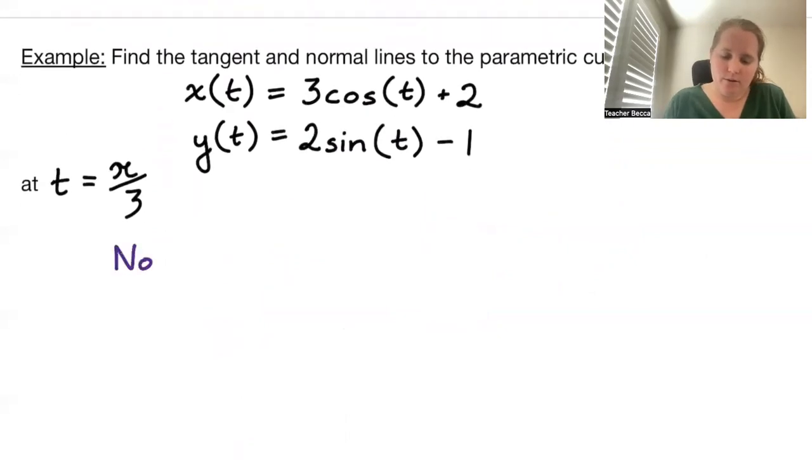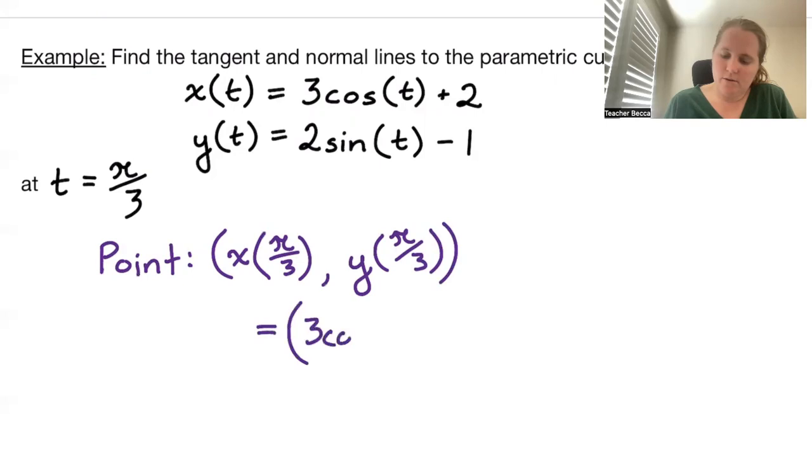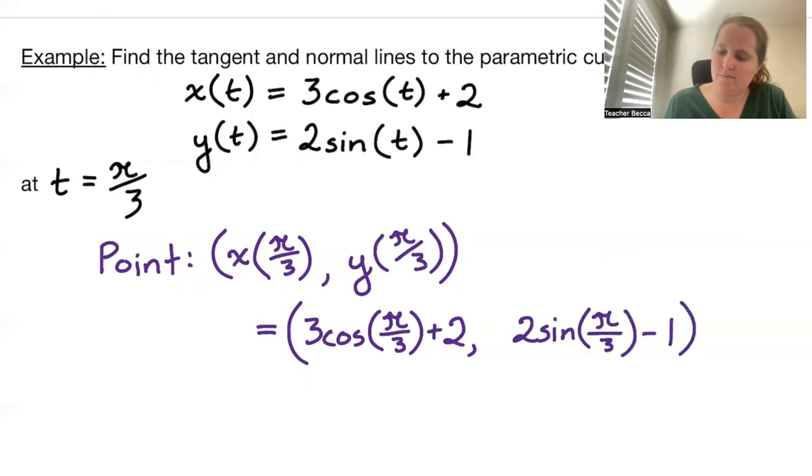So note, we can do our point first. So we have our point would be x of t naught, or in this case, x of pi over 3, comma, y of pi over 3, or 3 cosine of pi over 3 plus 2, comma, 2 sine of pi over 3 minus 1.